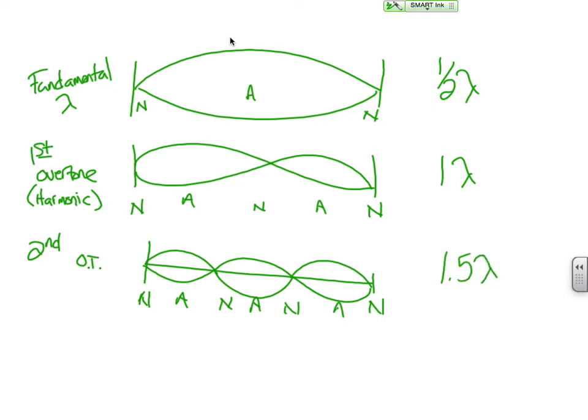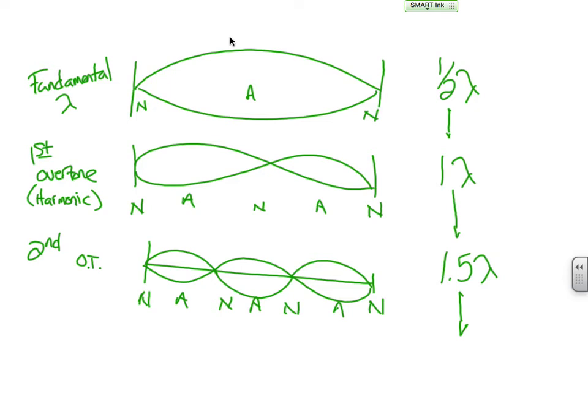And by now you guys should be smart enough to say, hey, I'm noticing a pattern here. The next one in the pattern would be 2 wavelengths, and then 2.5, so clearly we're just jumping by 1/2 a wavelength bigger every time. And so the ability to see patterns, that's good. That means you can think. So, yay, team. We like that. So this is the way the pattern runs.